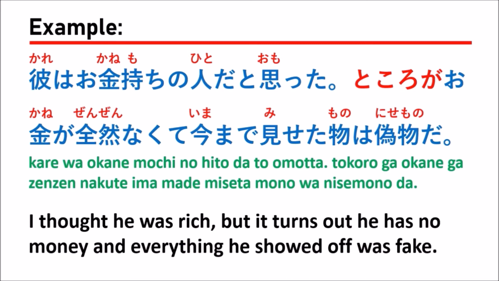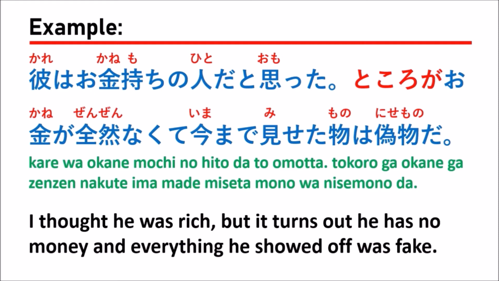Our expectation here is that he was rich, but the result, in reality, is that he is not rich, he has no money, and what he showed was just fake. So you can use the grammar of Tokoroga in a case like this.